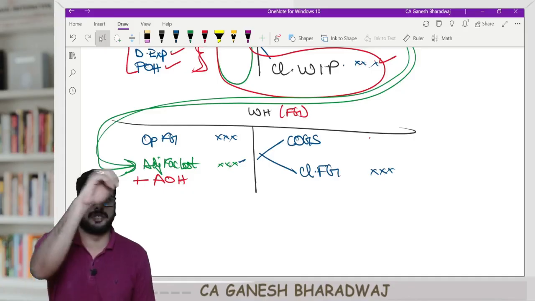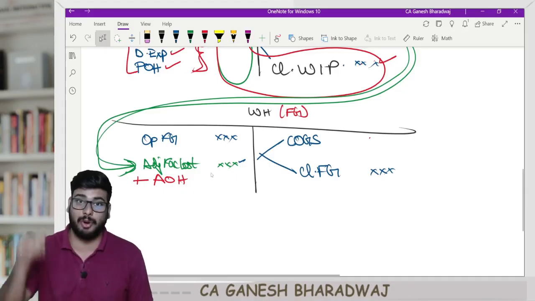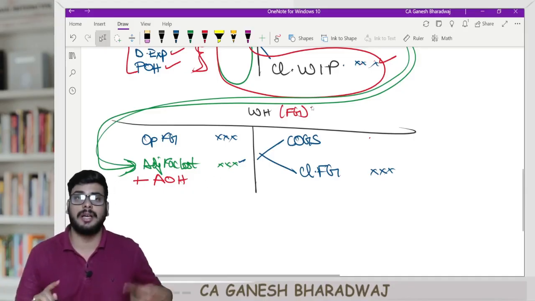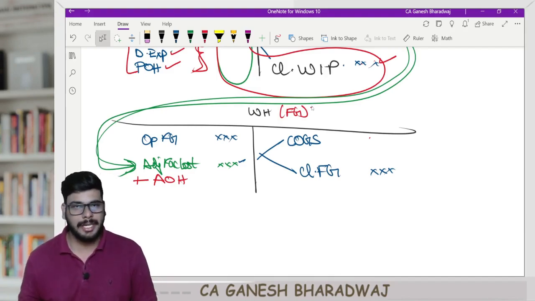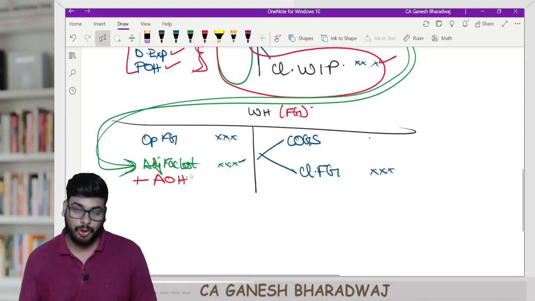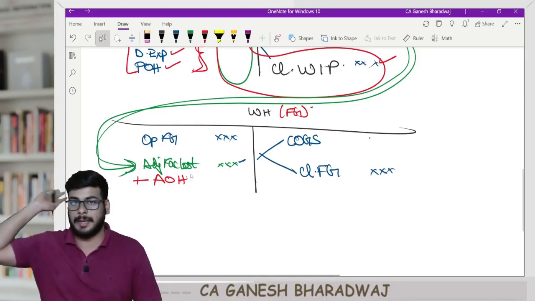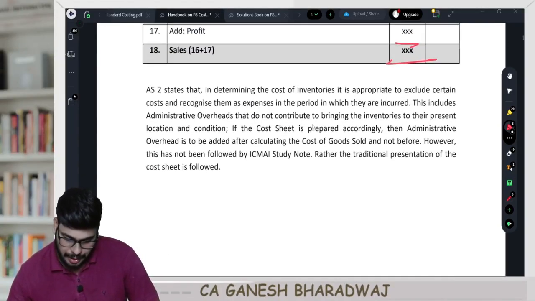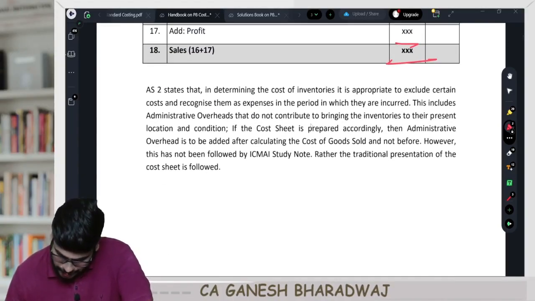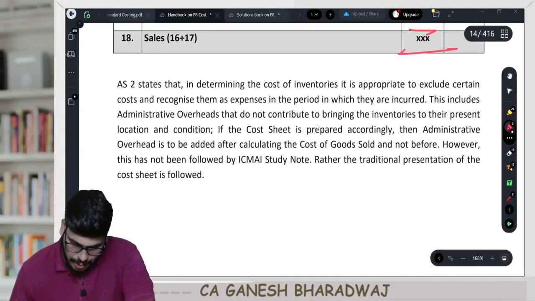This is the approach. Adding AOH here at the warehouse area is the methodology that CMA Institute is following, right? But CA Institute says, no, you should not add it here. You add it separately. Clear with this, guys? So this is the clarification given here. Look at this. One second. Look at this.